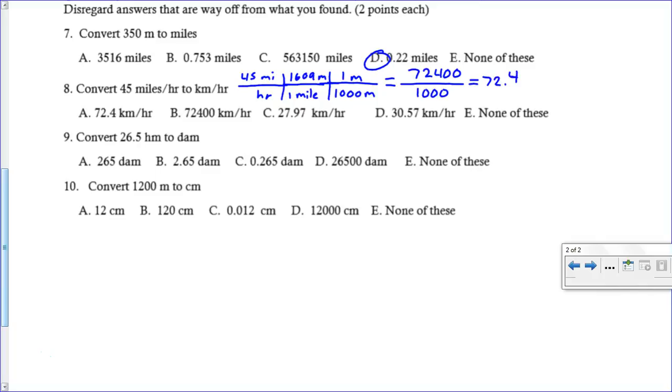So in this case, the hours really didn't do anything. We were just canceling out miles here and canceling out meters here, and this should have been 1 kilometer up here. And so that's what we get, 72.4 kilometers per hour.